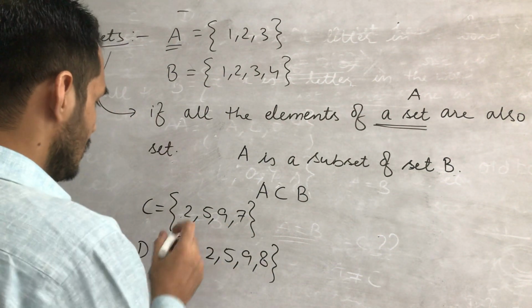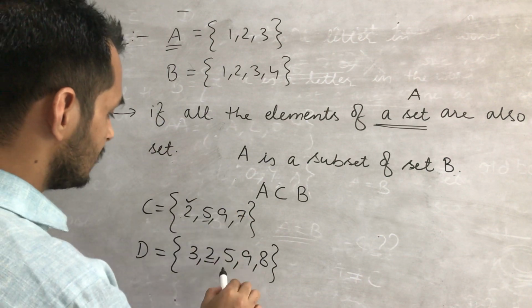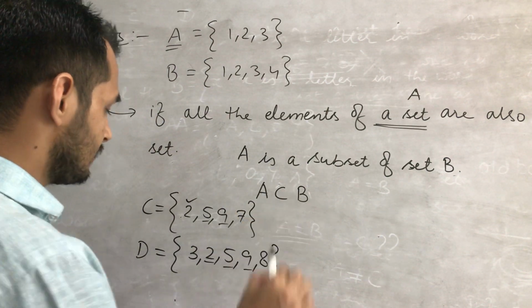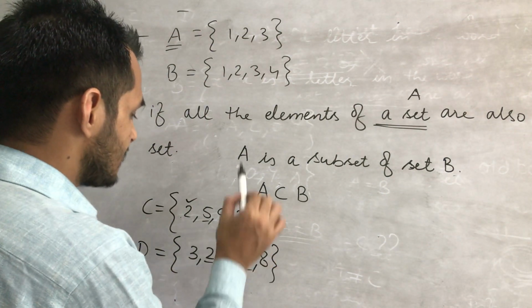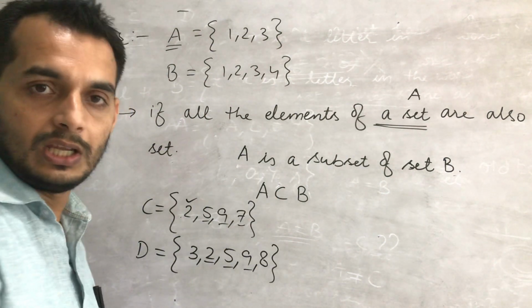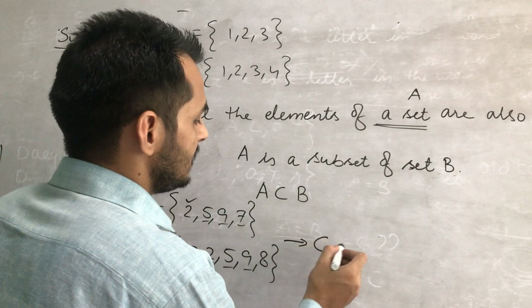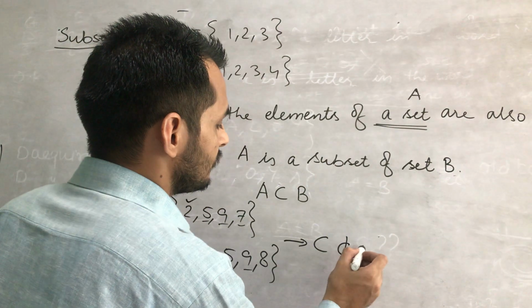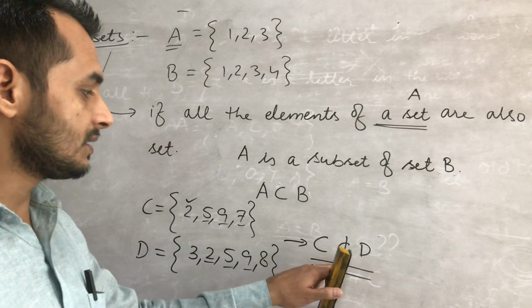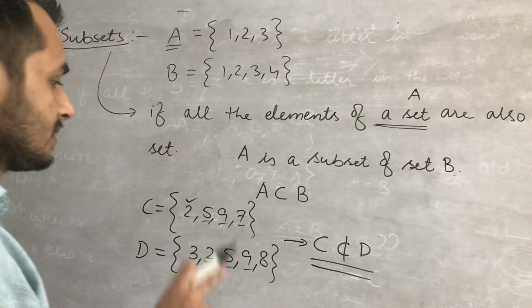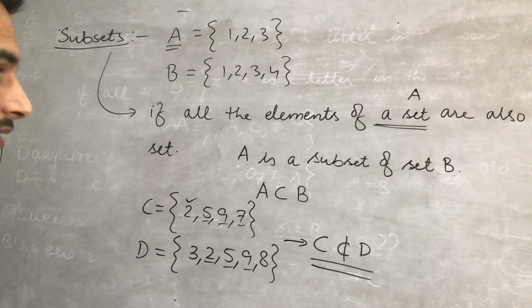Let's see. 2, yes, we have it in D. 5, yes. 9, yes. Do we have element 7 in set D? No. So we can say that C is not a subset of set D, and we represent it like this. Is that clear?